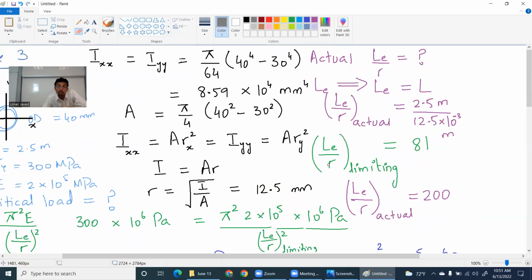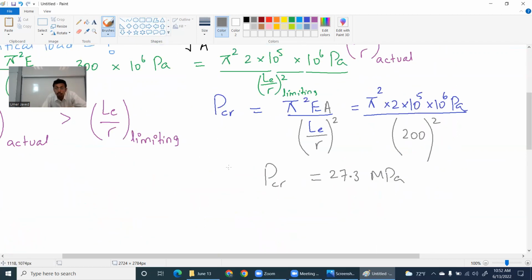Okay. No, everything is one. I is equal to AR square. Sorry. What do you have your answer as? I have 27.13.